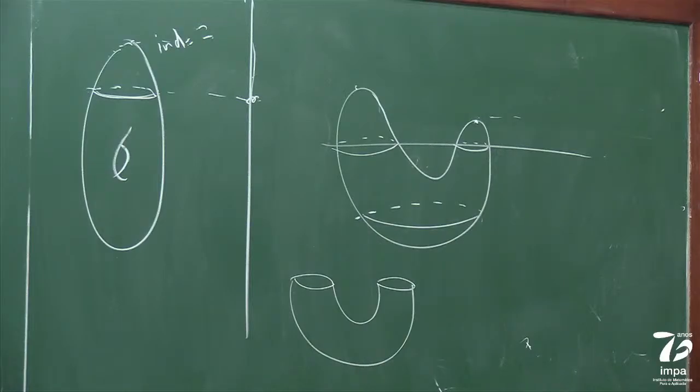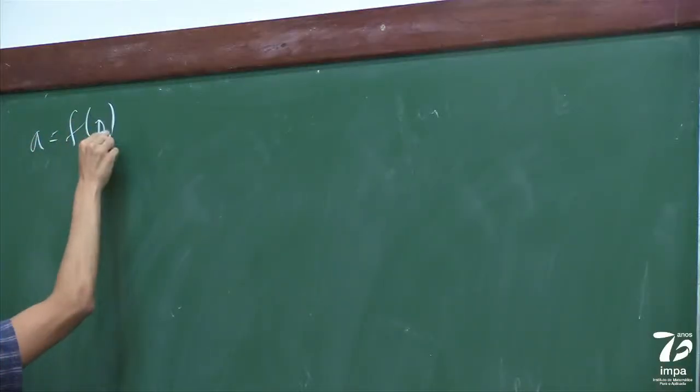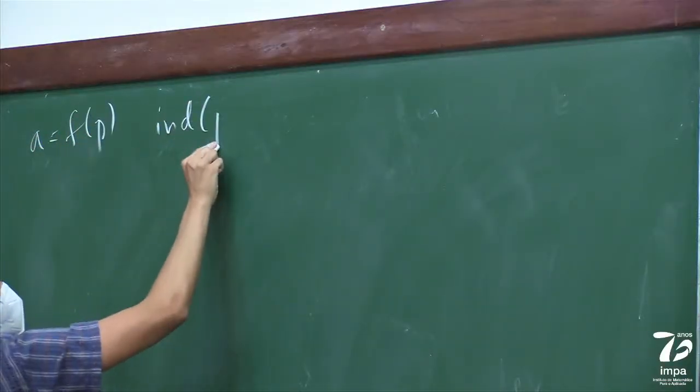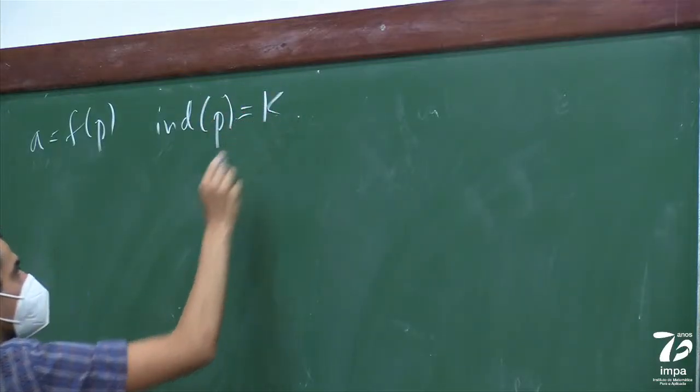Okay, so now let me go here. So now let's suppose A is f of p, and the index of p is equal to k.